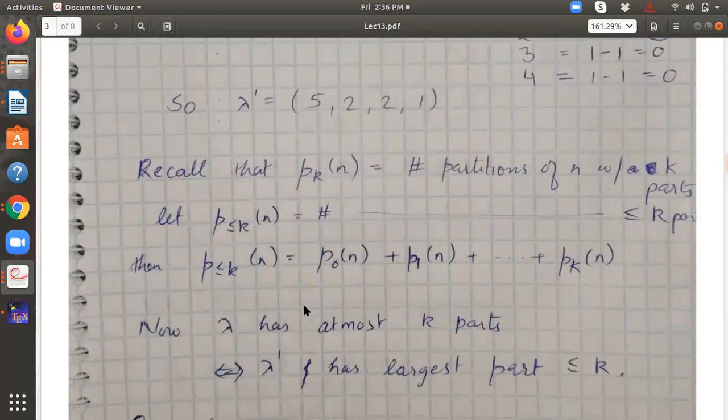Okay, so you understood that lambda has at most k parts is equivalent to saying that lambda prime has largest part at most k, and such lambdas are exactly the lambdas which get counted here. So instead of looking at this and dealing with this, we are going to deal with this and put here and arrive at a generating function for this particular function.